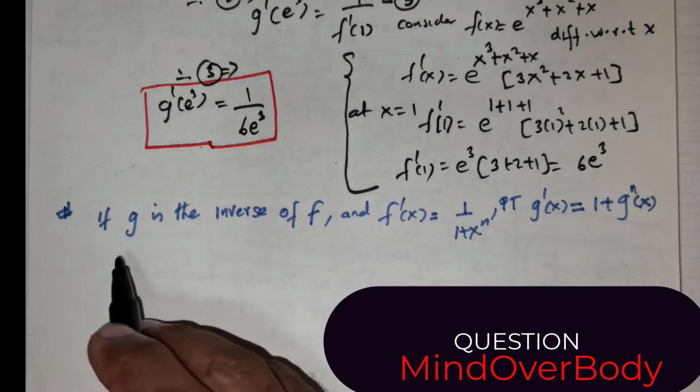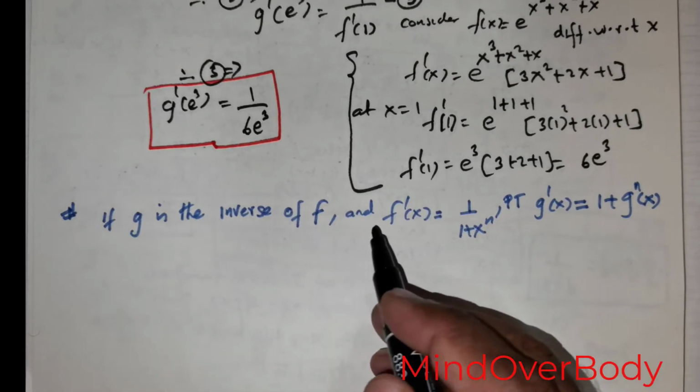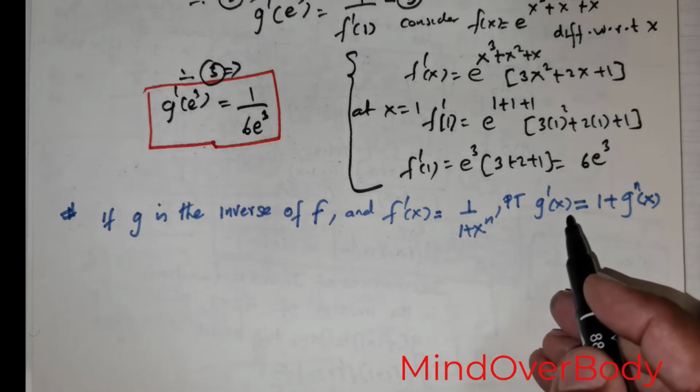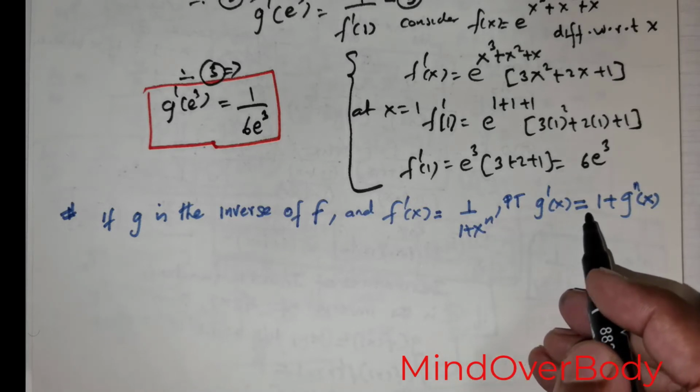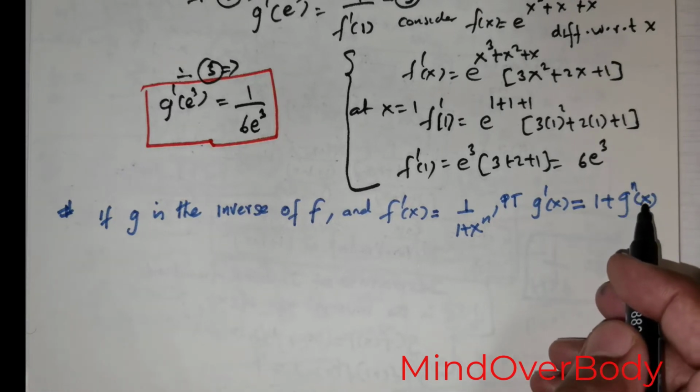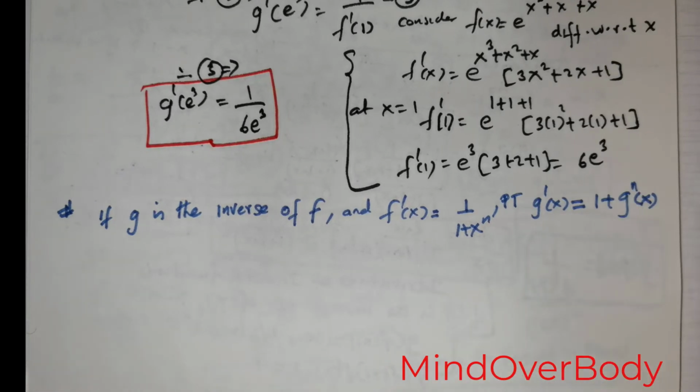Students, we are given this question: if g is the inverse of f and f dash of x is 1 over 1 plus x raised to the power of n, we are expected to prove that g dash of x is equal to 1 plus g raised to the power of n of x.